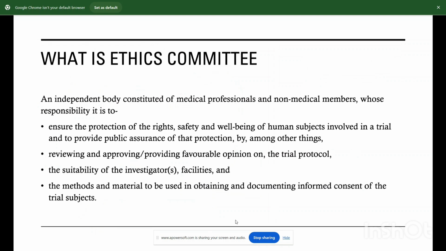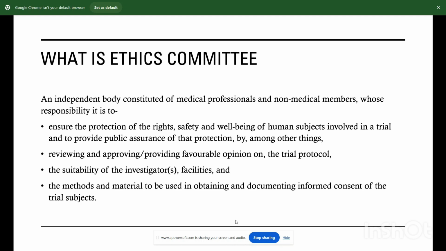What is the responsibility of this committee? They have to ensure the protection of the rights, safety, and well-being of the human subjects involved in the clinical trial. Only then can they provide public assurance about the protection of the people involved in the study.